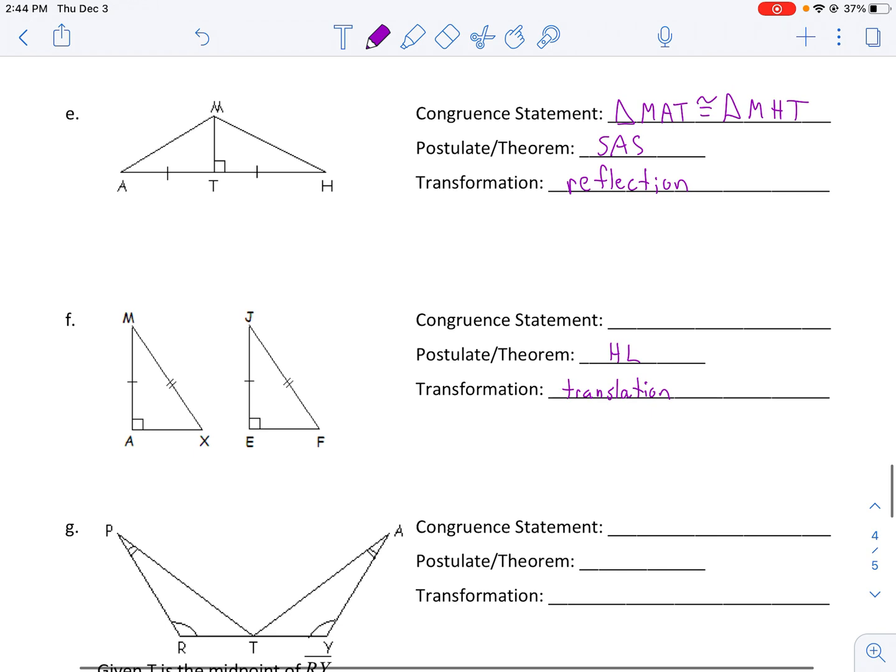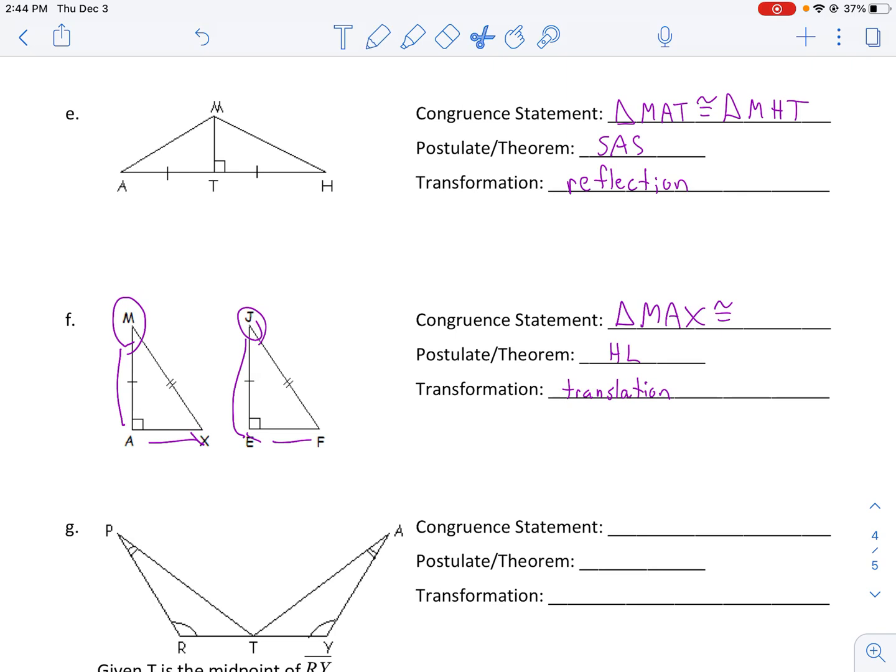And our congruence statement, we can say triangle, whatever you want, MAX if you want, is congruent to, so I went MAX, so I got to go JEF because those are the angles that are congruent to each other. Is congruent to triangle JEF.